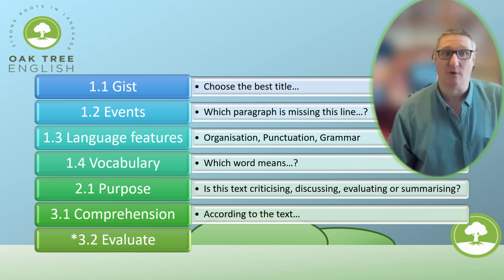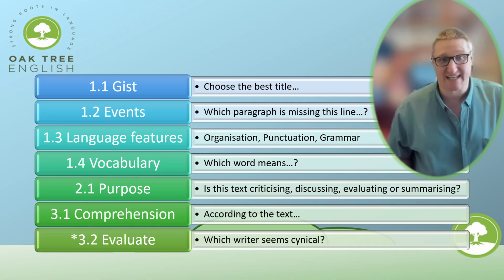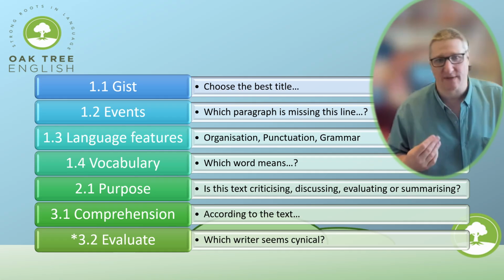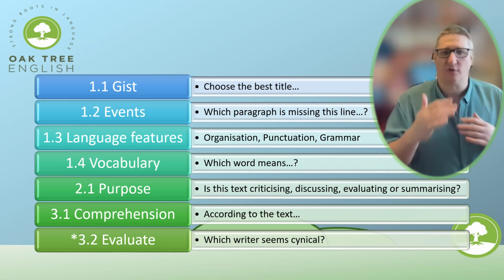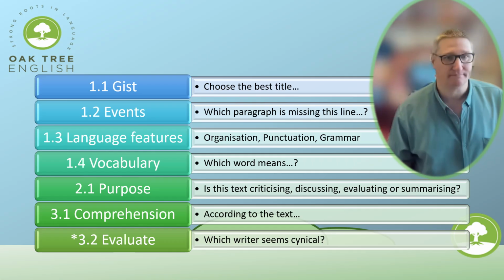It may ask who expresses a certain emotional response, or ask if a writer seems approving, confused, or disappointed, or indeed cynical. You will frequently find this with text with more than one opinion in it. For example, a web forum.